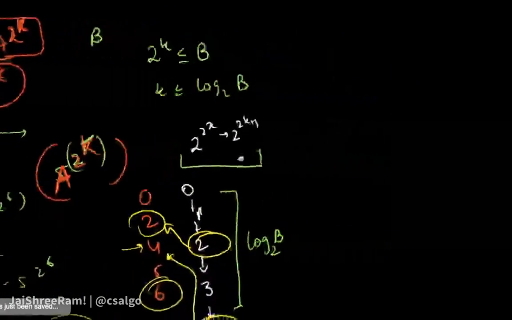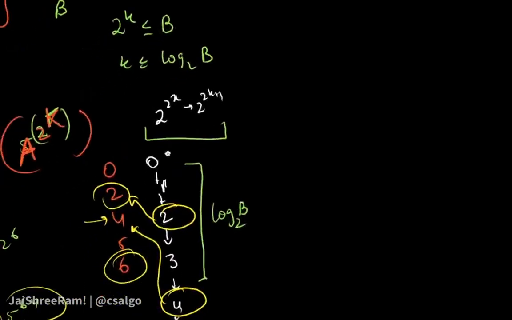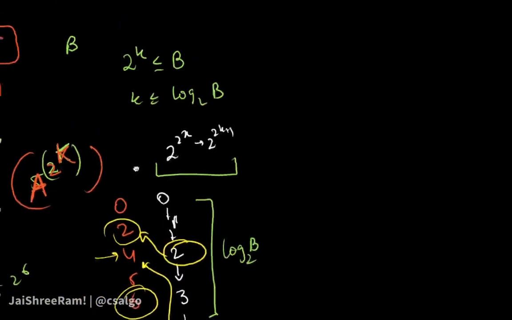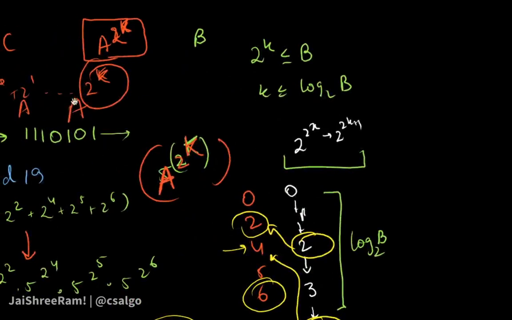Now for implementing this, when you have these 0, 2, 4, 6, you don't know which of these values are needed, right? So what we can do is somehow maintain the binary form of the number, right?